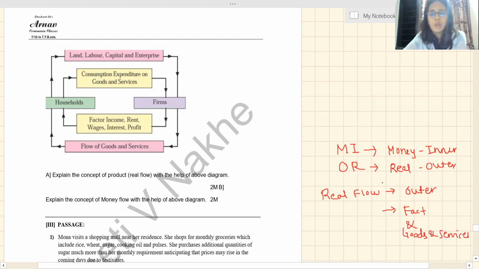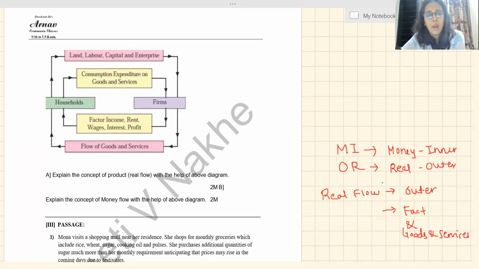So about the real flow, I will say there are two sectors, household and firms. Households are the owners of the factors of production, that is land, labor, capital, entrepreneur.